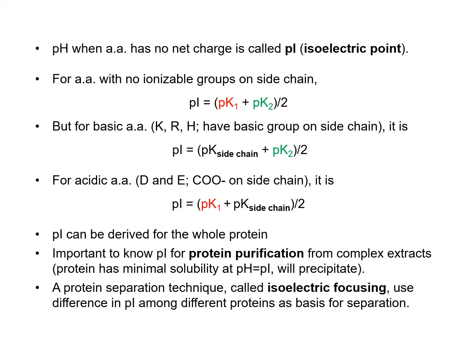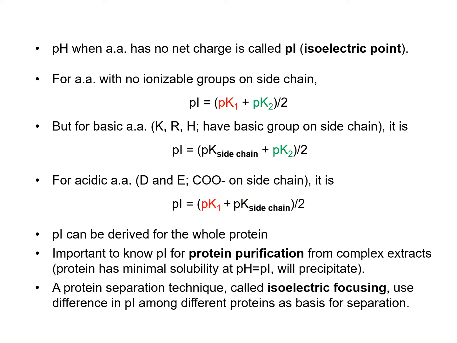And for acidic ones, it's the other way: use the pK1 and the pK from the side chain, which is relatively more acidic than the pK2, to get the pI value by simply taking an average of those two pK values.